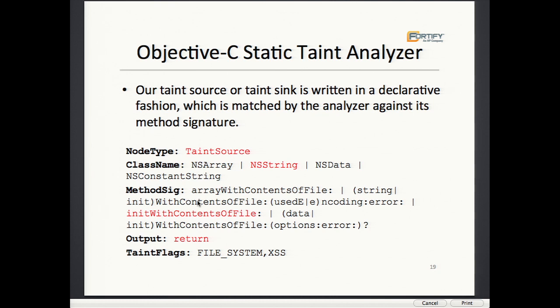There is also other information. For example, this taint source might be used for command injection, path manipulation, or cross-site scripting vulnerability. Also, there are other attributes which I don't display here.